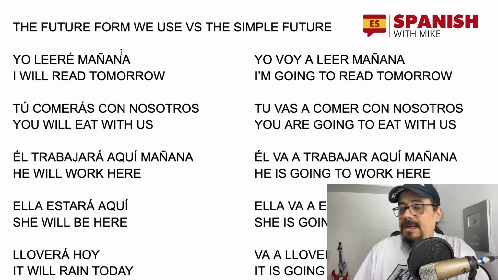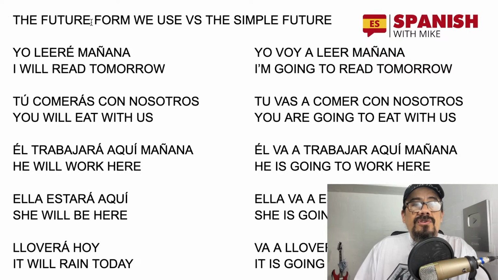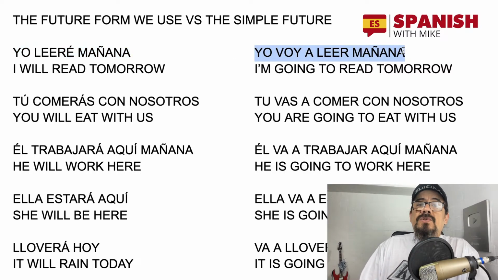And as I explained to you before, the future form we use in Colombia, at least, is not the simple future. Let's say I have here sentences in the simple future and the same sentences in the going to form.